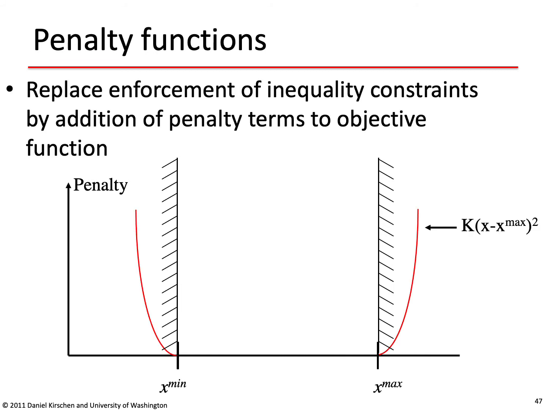With penalty functions, you replace these impenetrable walls by a function that you add to the objective function. So in this case, k times (x minus xmax) squared. That function will increase as x exceeds xmax, and it will increase faster if k is larger.